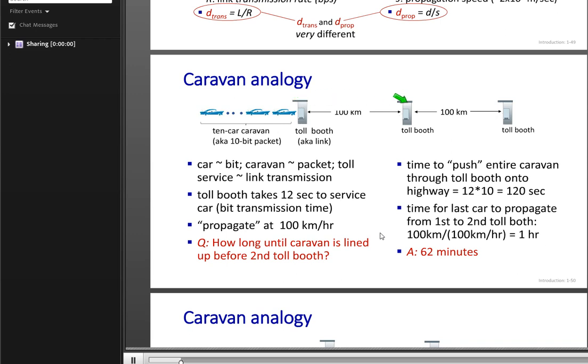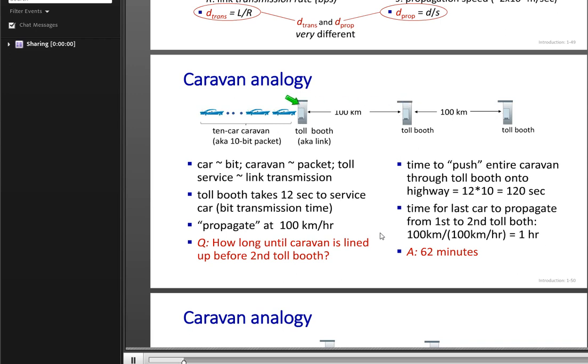At the other end of the highway, there is another pay toll or another gateway. It's not important for us here, but we want to talk about the time that this caravan, these 10 cars, takes to pass this highway.